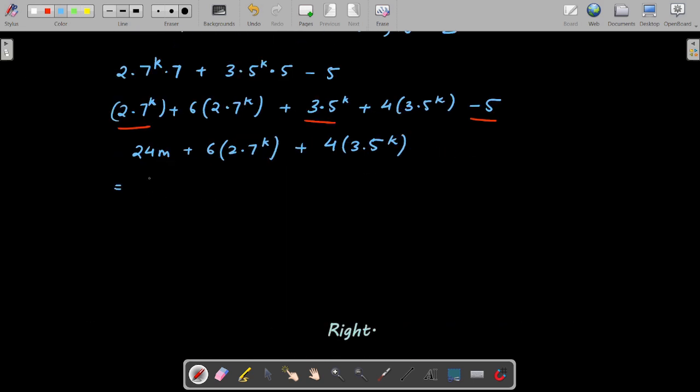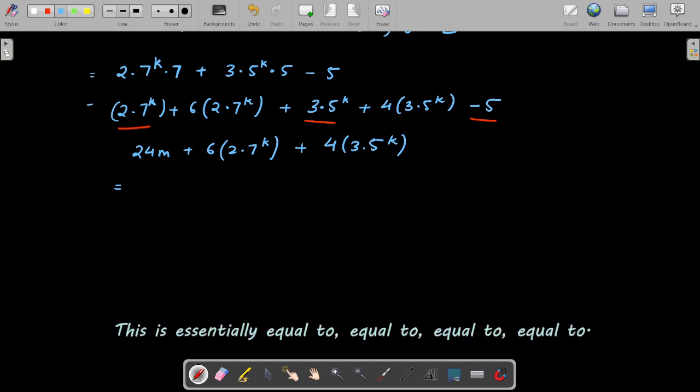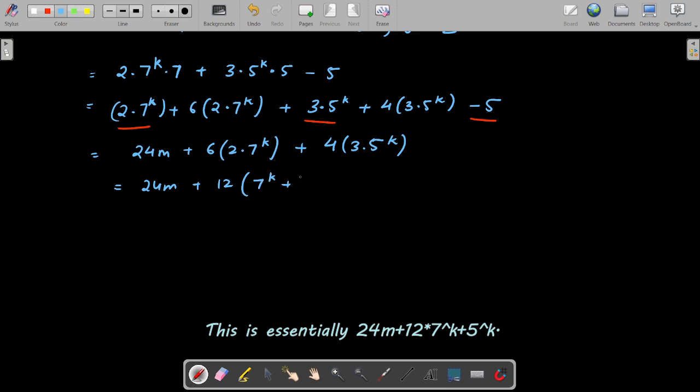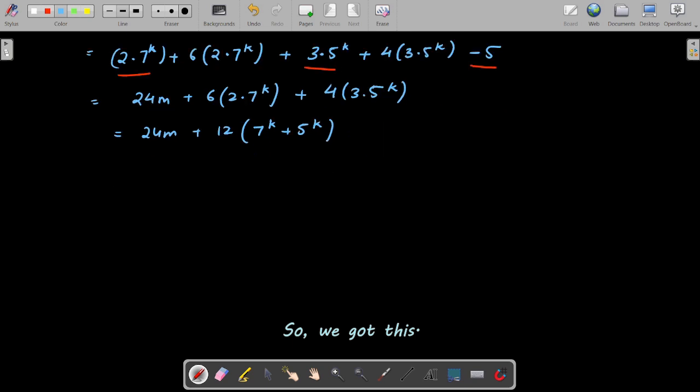This is essentially 24m plus 12 into 7 power k plus 5 power k, right? So we got this.